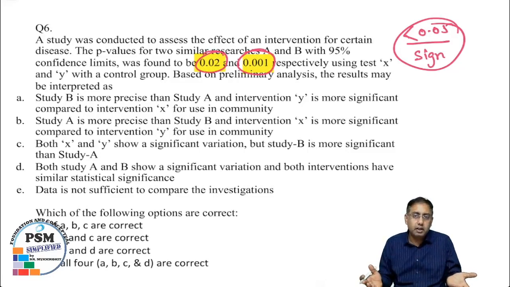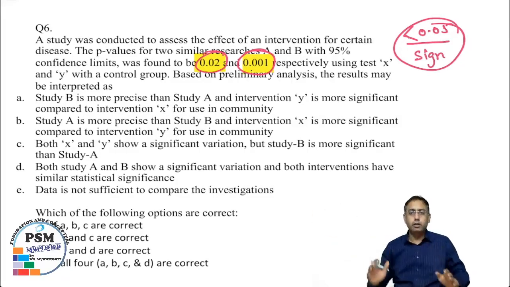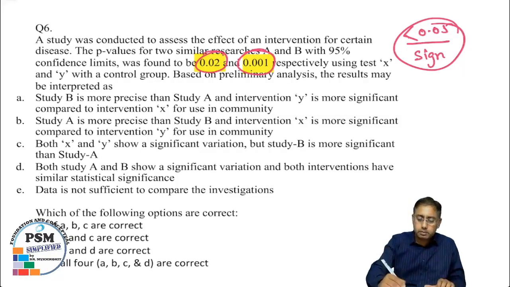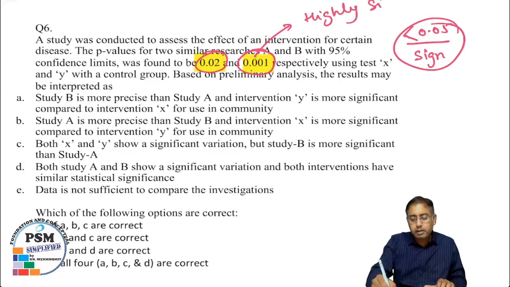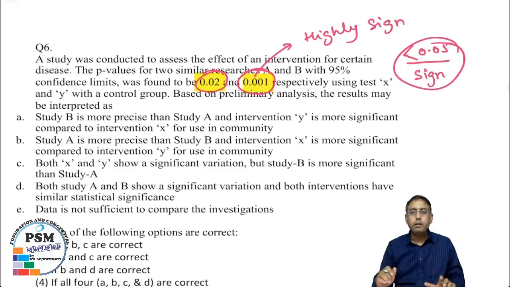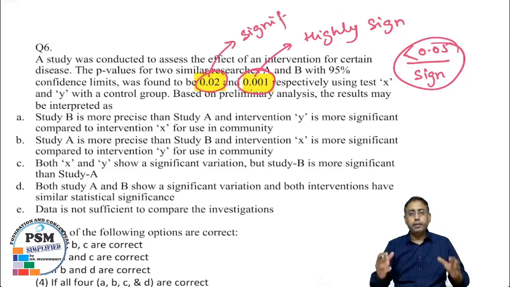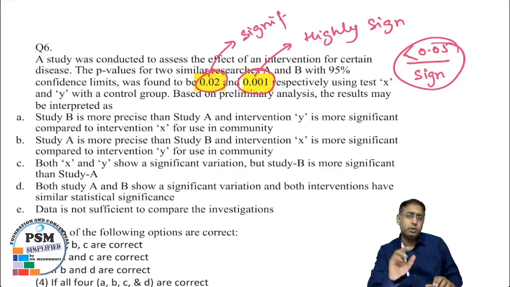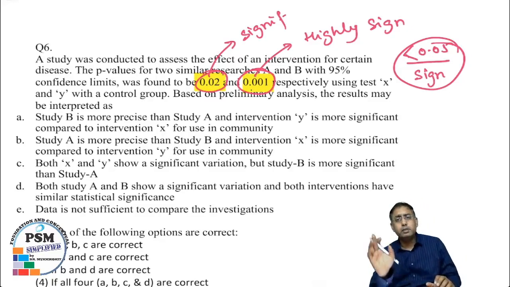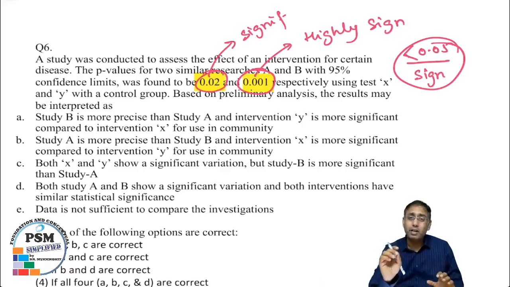So, the logical answer: 0.01, of course, lies farther away in a normal distribution curve, right? You remember that normal distribution. So obviously this we say is highly significant. It is a highly significant p-value, whereas this is a significant p-value. That means there is a stronger association. You remember the alpha values, you remember the alpha errors, 0.0001, 0.001, that means what? It is 0.1 alpha error.